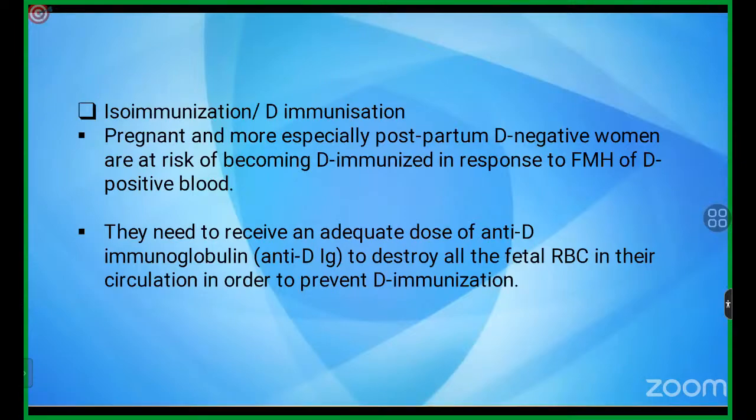So they need to receive an adequate dose of anti-D, that's immunoglobulin D, to destroy all the fetal RBCs in the circulation in order to prevent D-immunization. So there is an antidote to this.